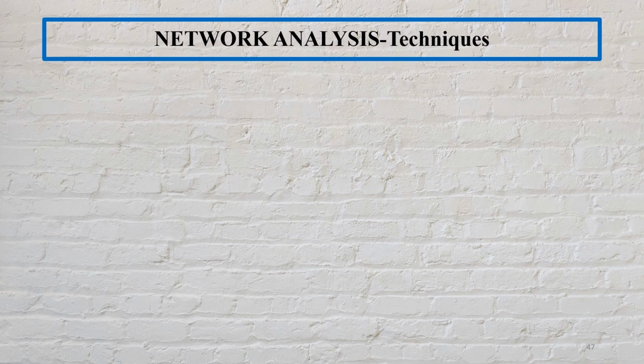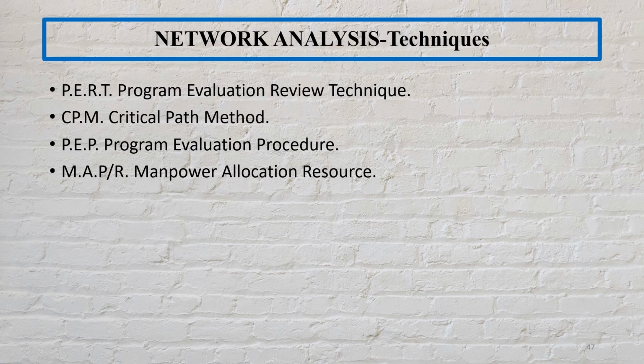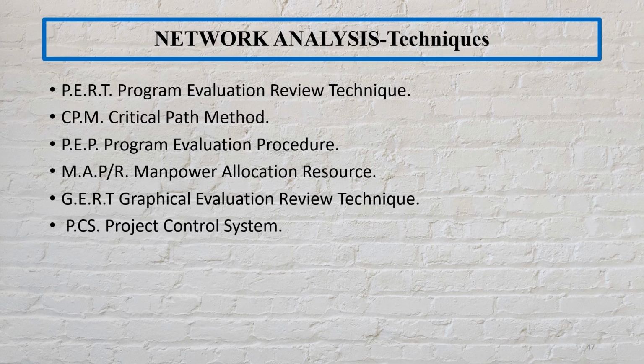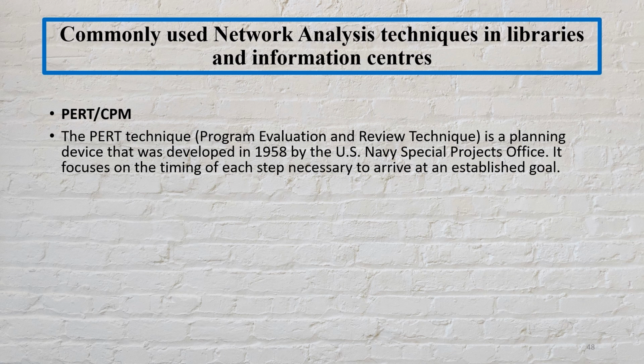There are various types of network analysis techniques such as program evaluation review technique, critical path method, program evaluation procedure, manpower allocation resource, graphical evaluation review technique, and project control system. Commonly used network analysis techniques in libraries and information centers are PERT or CPM. PERT is program evaluation and review technique, and CPM is critical path method.